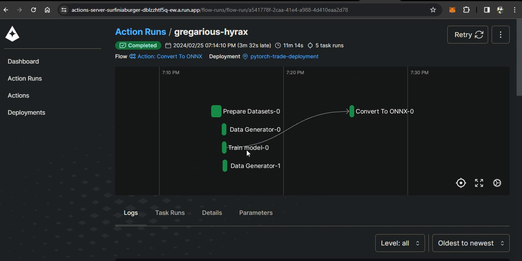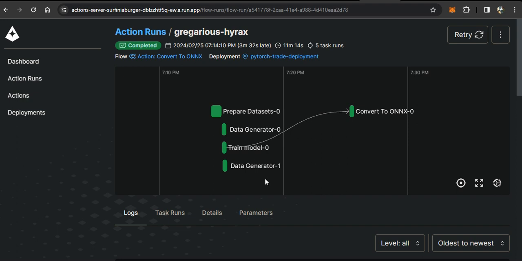And here is our model. It doesn't look as good as the previous one, but since this one gave us a better loss function, we're able to convert the model that we trained into ONNX.